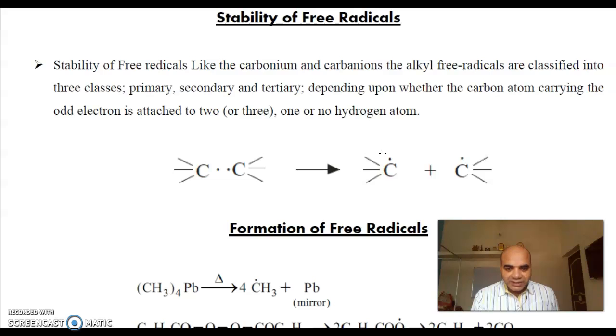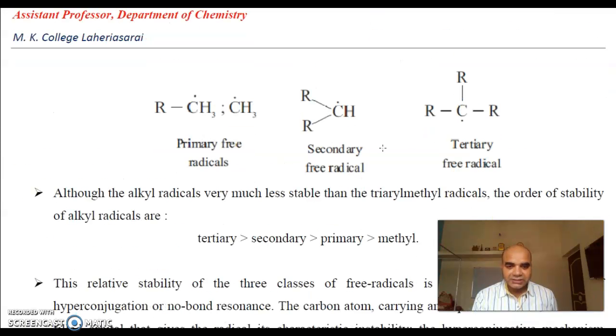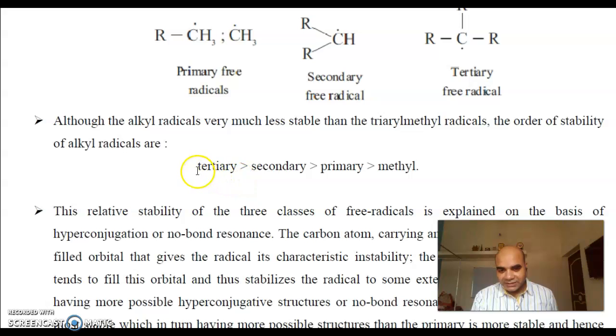As in carbocations, where tertiary carbocations were more stable, in the same way in free radicals, tertiary free radicals are the most stable. Then come secondary free radicals, then primary free radicals, and then methyl free radicals. So the stability trend is quite similar to carbocations.